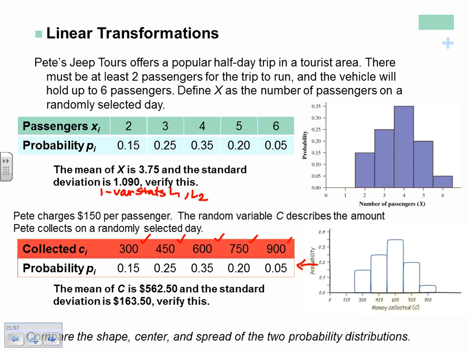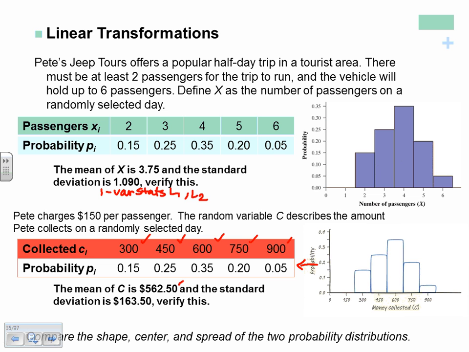So here, if I wanted to find the mean, it would be 562.5. So what would you find the mean to be if you took 3.75 times 150? Did everybody get it? And I just put that in my calculator just to double check. I got 562.5.